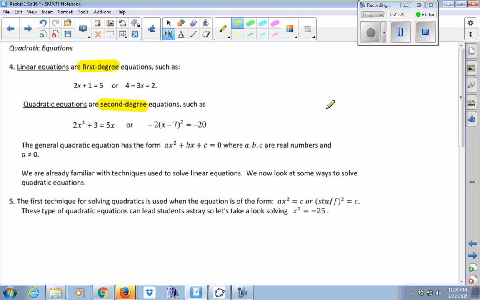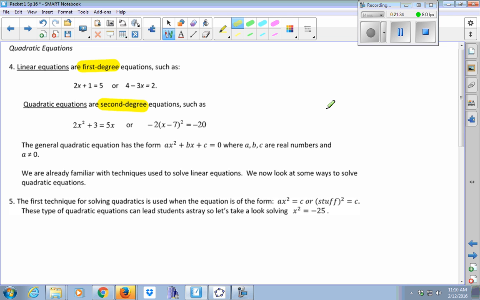Their big umbrella group would be polynomial equations, and those would be things to any power. But once we know that the biggest power we see on x or whatever our variable is 1, we call it linear. Because if we were to graph it, if we set this equal to y, it would be a straight line. So that's why the word linear.